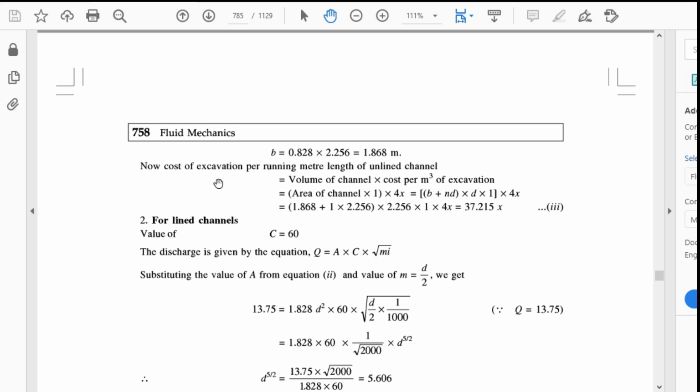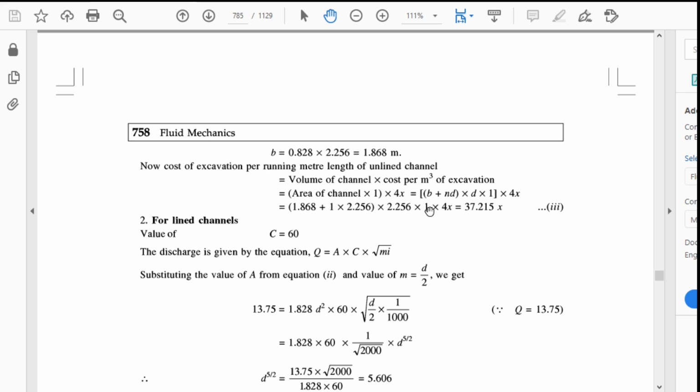Here we are not going to consider the whole canal, only 1 meter length, that is unit length. So the volume of channel is the area of channel times the third dimension, 1 meter length. The area of channel we have calculated, times 1 meter length, gives the volume for that 1 meter canal length, and the cost per meter cube of excavation is already given.